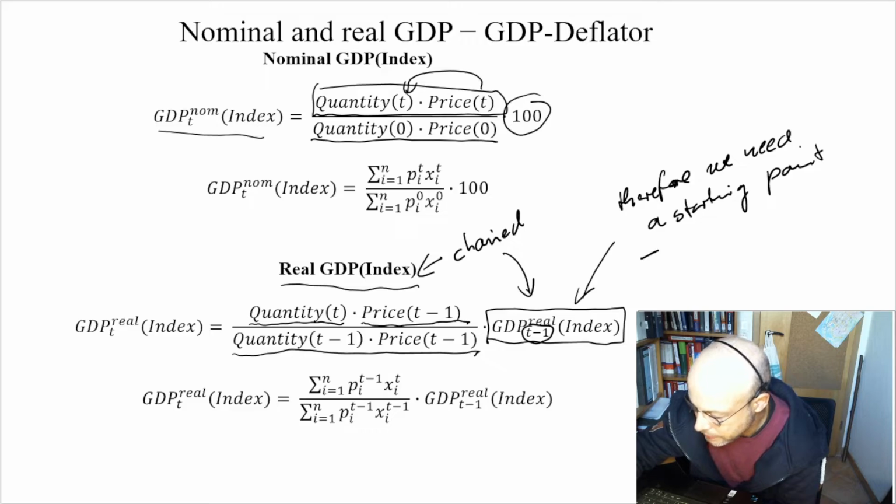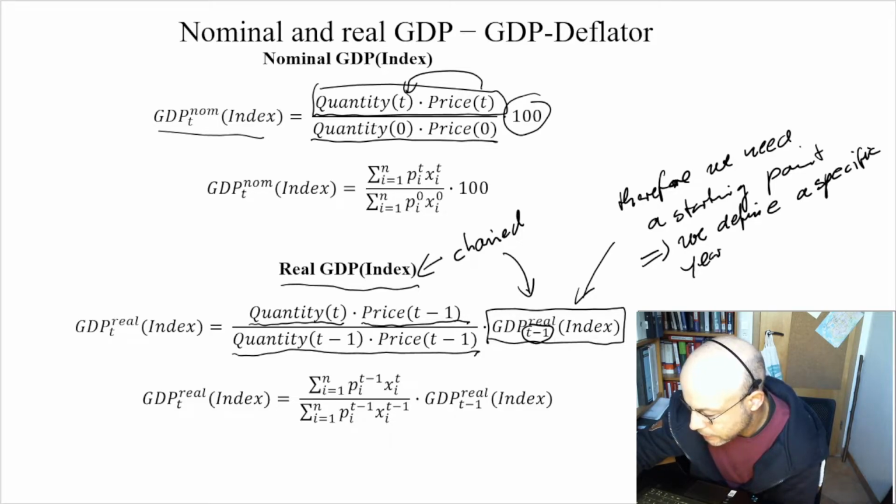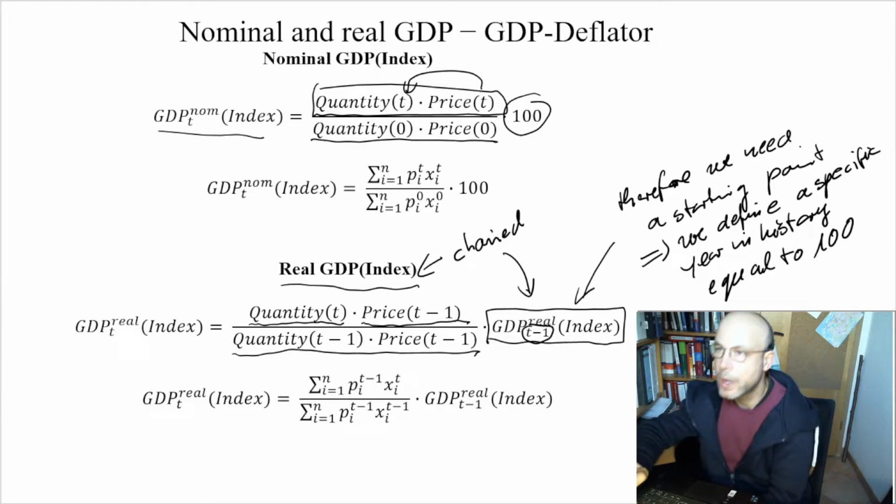And this means we define a specific year in history equal to 100.